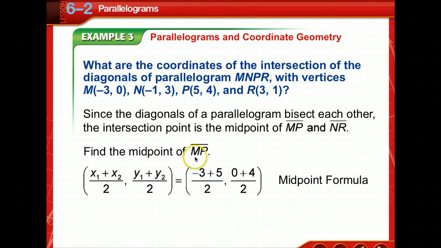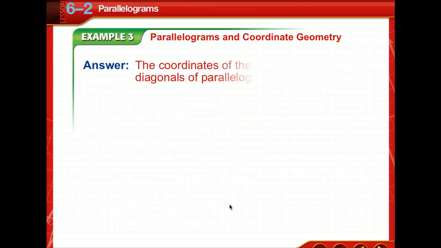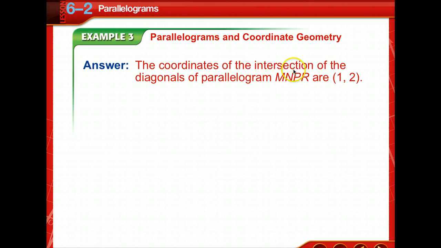So let's find the midpoint of MP. So the midpoint formula, we're going to substitute in the points for M and P into this formula. So our midpoint is 1, 2. So the coordinates of the intersection of the diagonals of parallelogram MNPR are 1, 2.